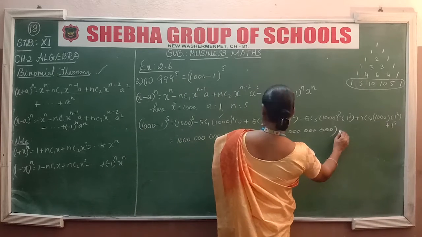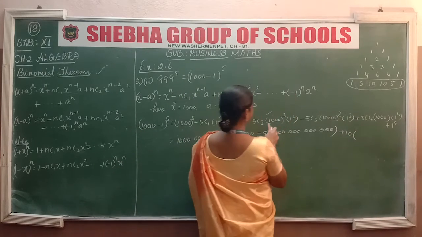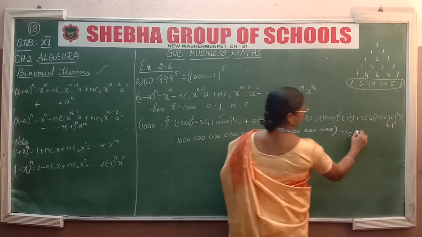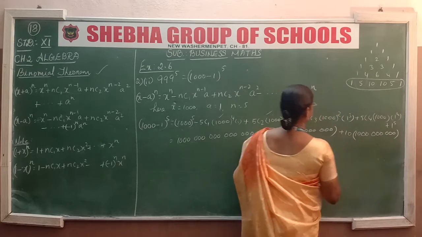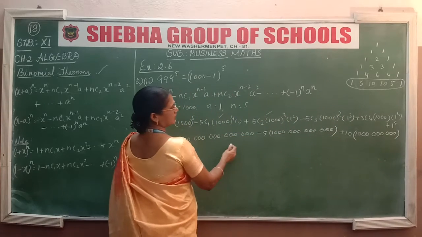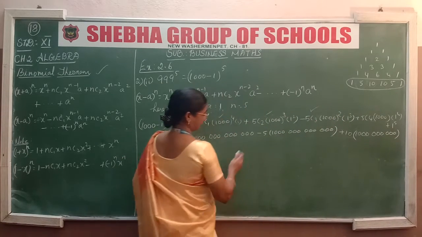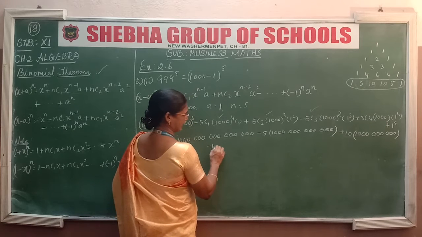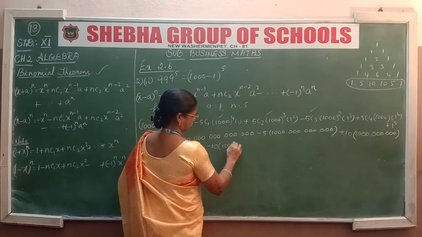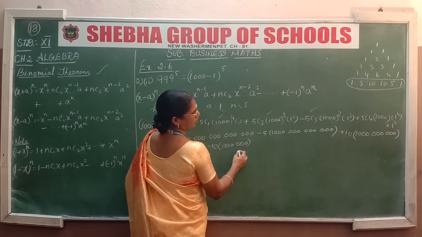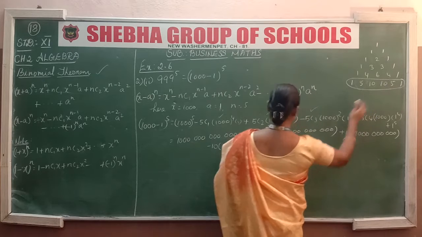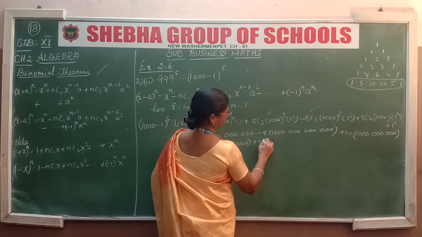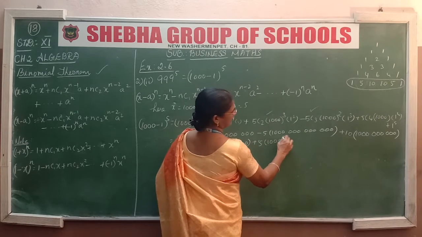Here write plus 10 into 1000 power 3, that is 9 zeros, into 1 square, so leave it. And the next one, 5C3 is 10, so minus 10 into 1000 square, which is 6 zeros, into 1 cube. Plus 5C4, which is 5, that is plus 5 into 1000 into 1, plus 1.